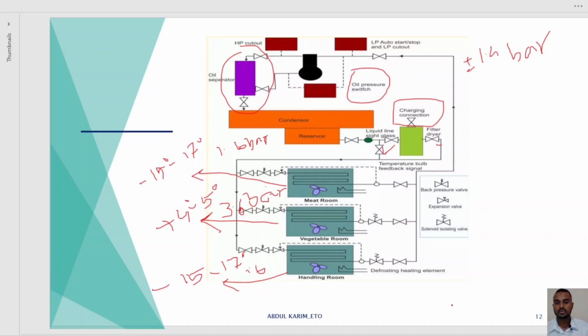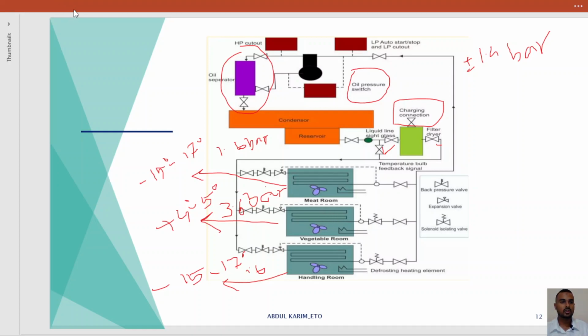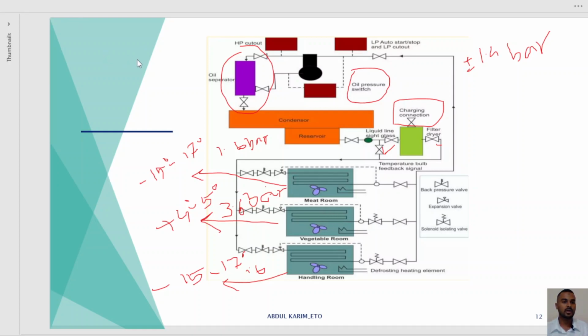Okay, here we see the back pressure valve. Why is this back pressure valve used in this refrigeration plant? What is the purpose of using the back pressure valve? This back pressure valve is mainly used to ensure that the pressure of the refrigerant in the evaporator never falls below the set value. Okay, here we see the heating coil.